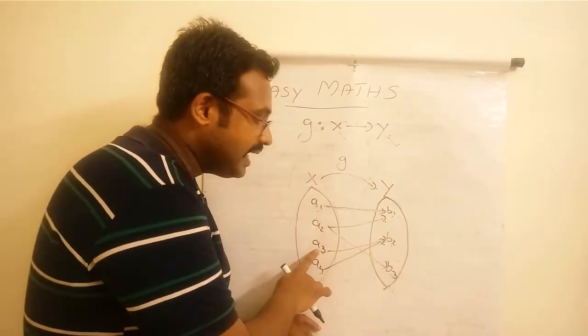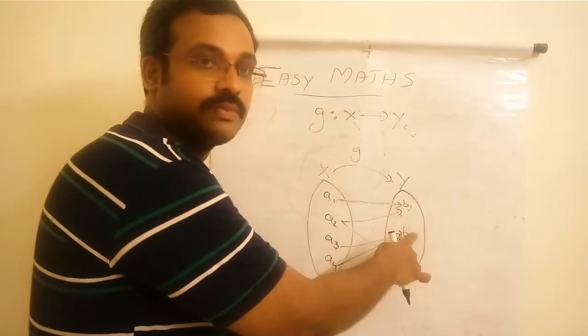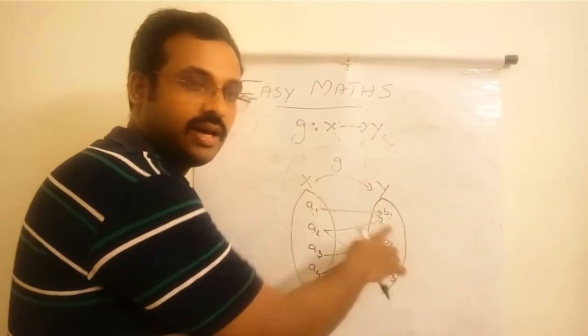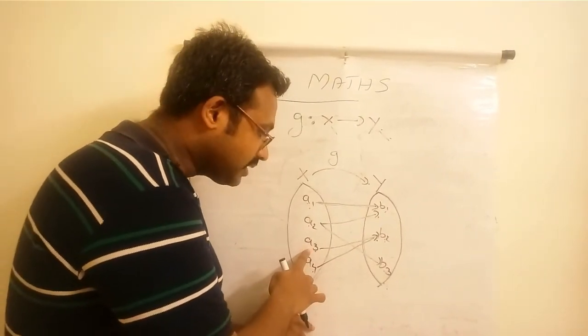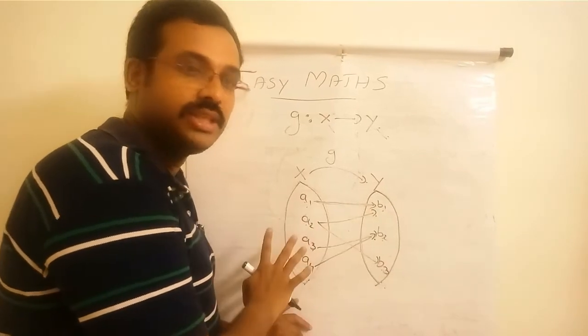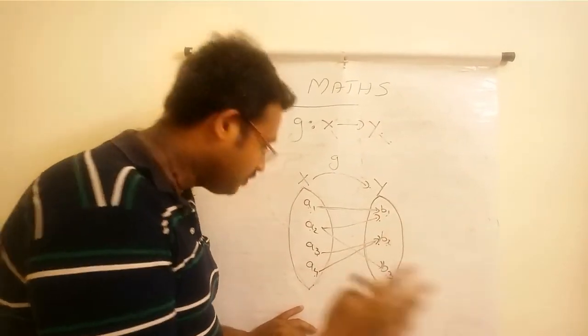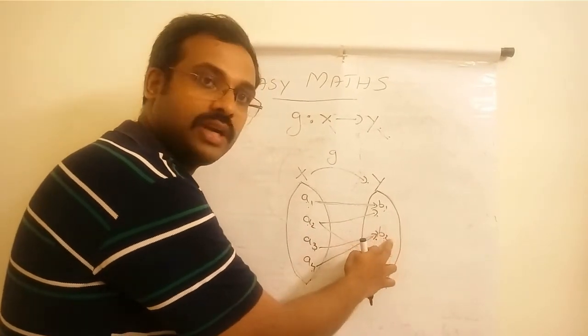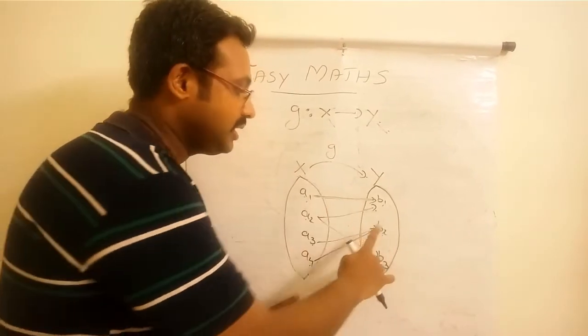But a3 has image b2, and a4 also has image b2, and that is not a contradiction to our definition. Why? Because a3 has one and only one image, b2. The image may be the same, but a3 has one and only one image b2, and a4 also has one and only one image, b2.